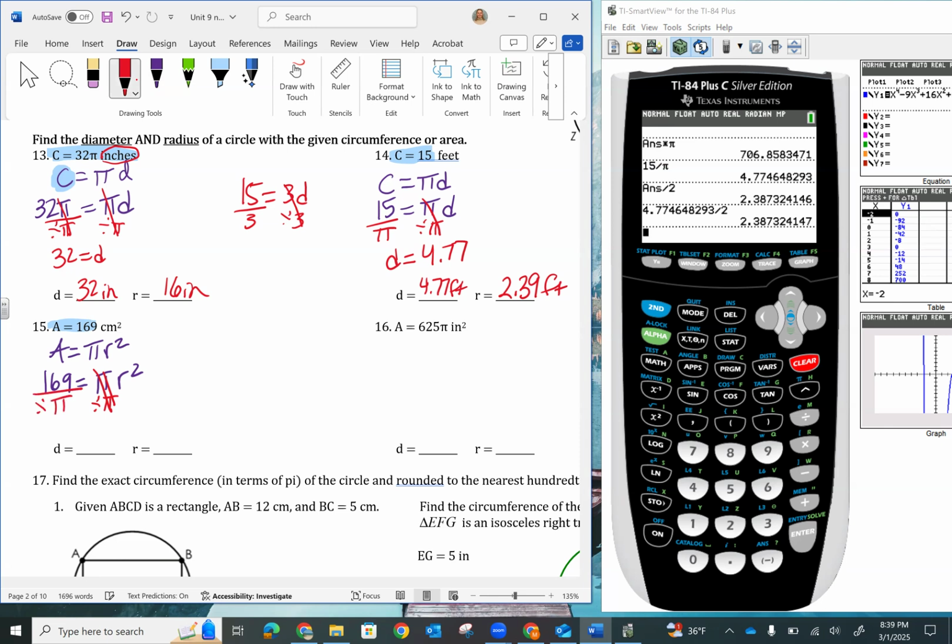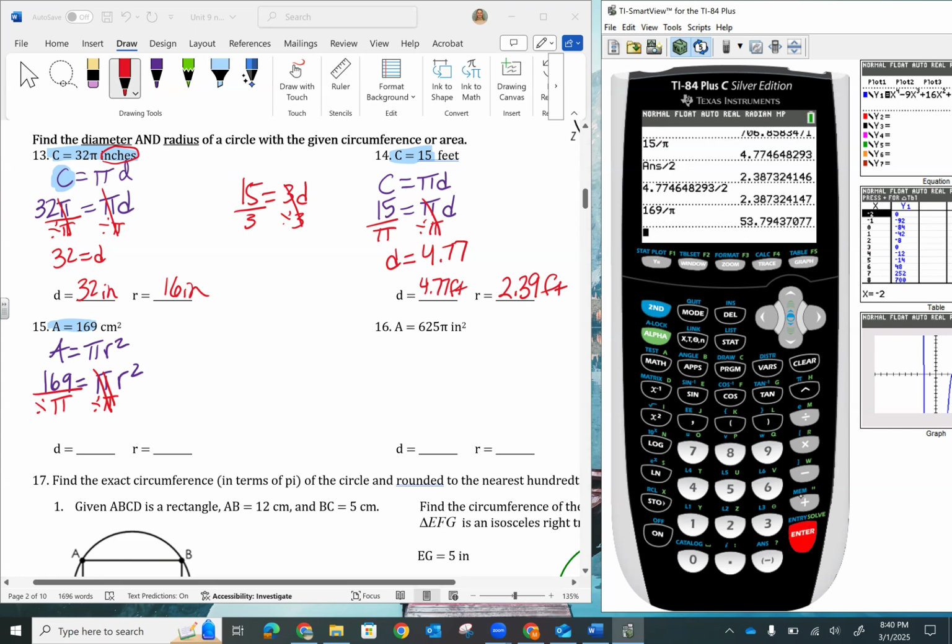or put it as a fraction, you can do in your calculator 169 divided by pi. And you're going to get 53.8. So 53.8 approximately equals r squared. Now I've got r squared, but I need r, so I need to square root both sides.